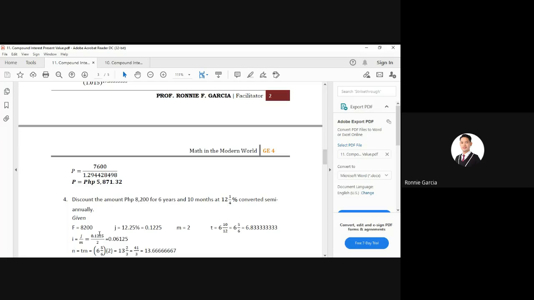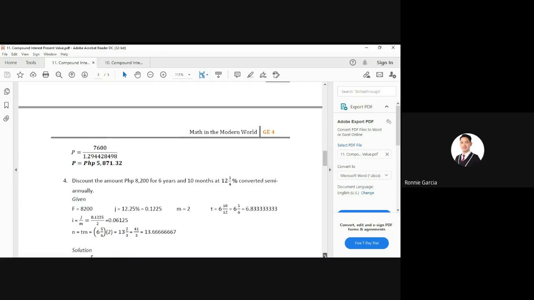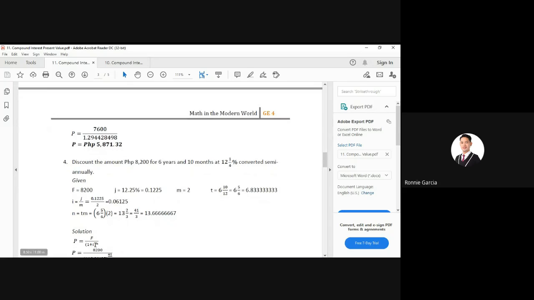Since the conversion is semi-annual, your m is equal to 2. So 0.1225 divided by 2 is equal to 0.06125. Now you replace the value of i in the formula.